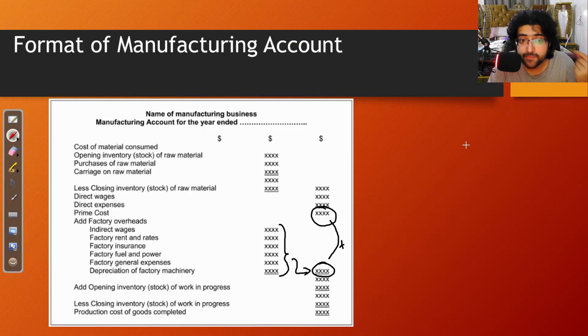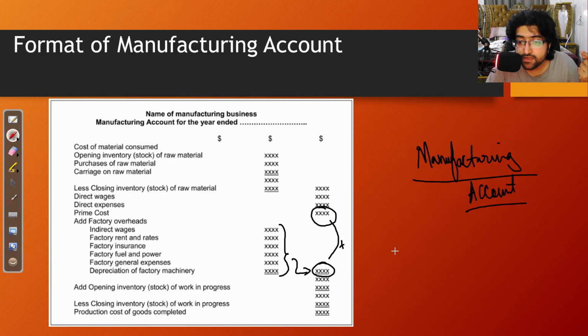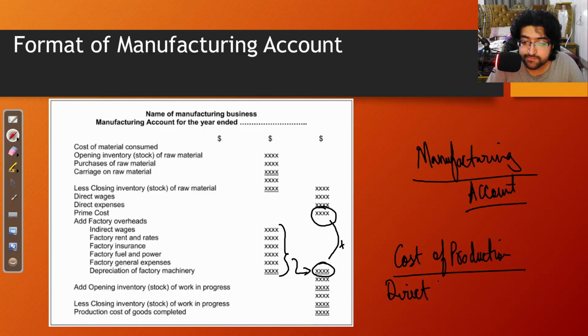Why? Because the purpose of preparing a manufacturing account is to calculate the total costs of the factory. What is the manufacturing account used for? To calculate cost of producing goods, or cost of production. And cost of production is obviously a combination of direct costs plus indirect costs of the factory.